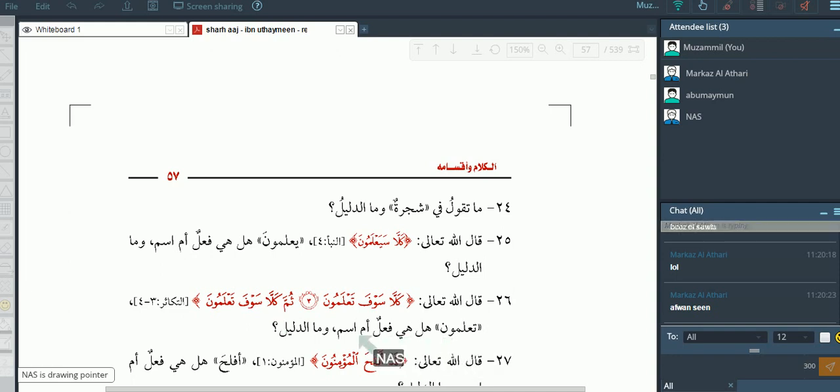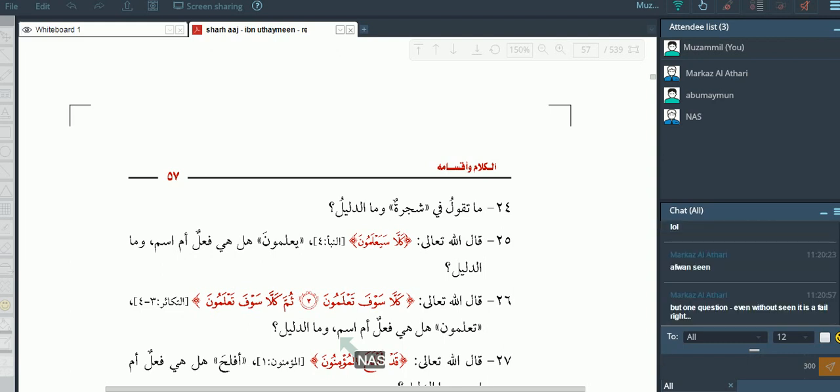السؤال 26. قال الله تعالى كلا سوف تعلمون ثم كلا سوف تعلمون. تعلمون هل هي فعل أم اسم وما الدليل.